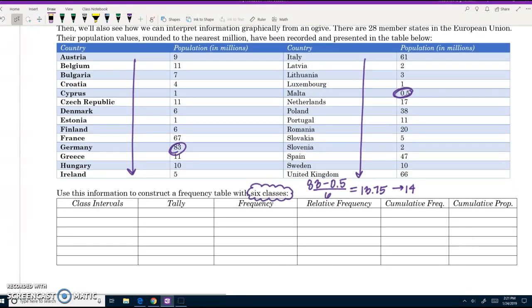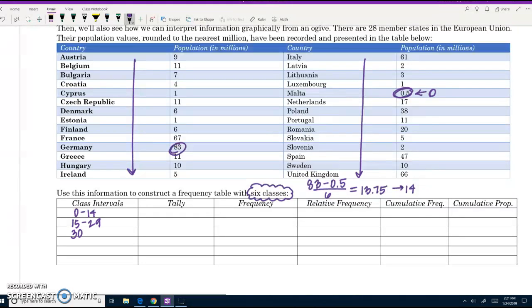So for our class intervals, in this case, I would recommend beginning this value at 0 instead of 0.5, just so we can count values completely in whole numbers as we're going through our class intervals. So we can make this 0 to 14. Then we'll increment up and do 15. And then 15 plus 14 will be 29.